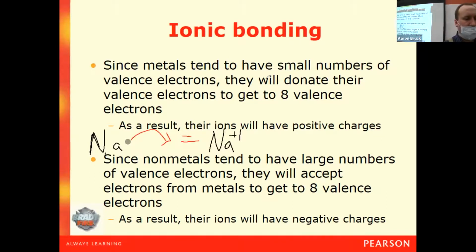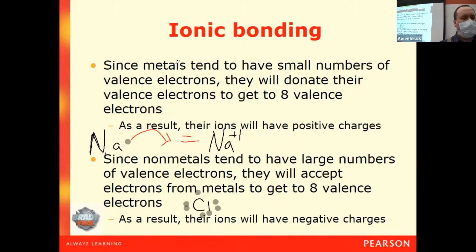Now, for something like chlorine, if I look at chlorine and its valence electrons, chlorine as a halogen has 7 valence electrons.